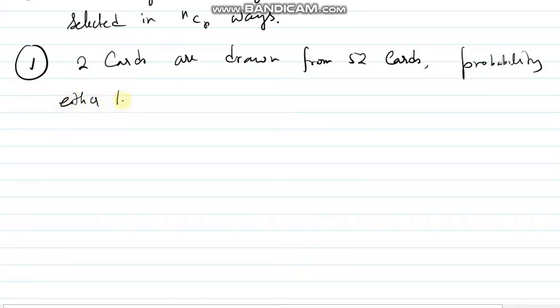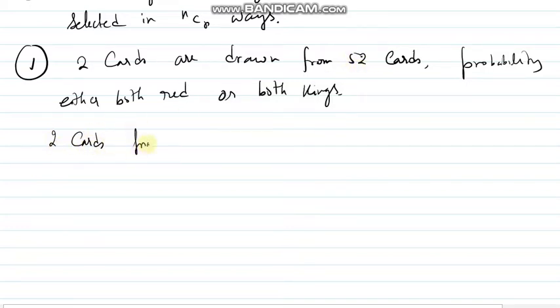First, how many ways can I select two cards from 52 cards? That is nCr ways, so that will be 52C2.